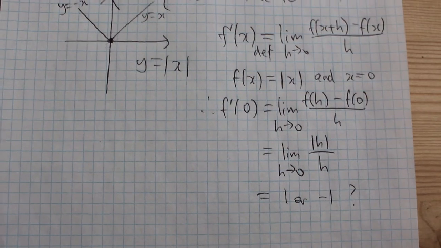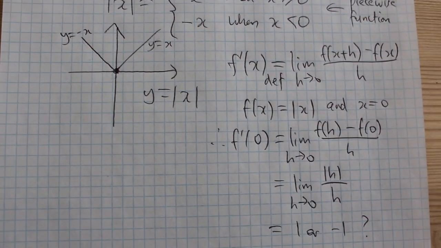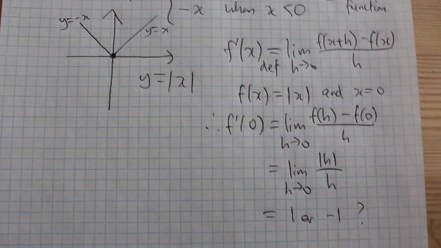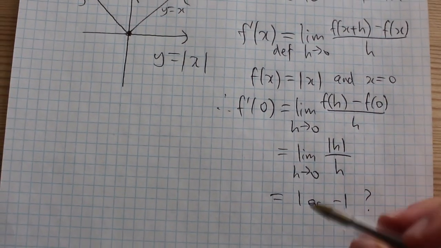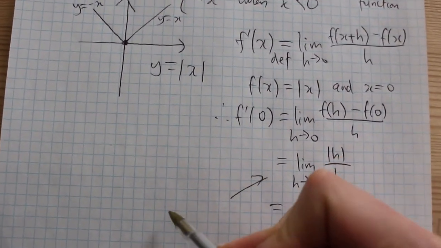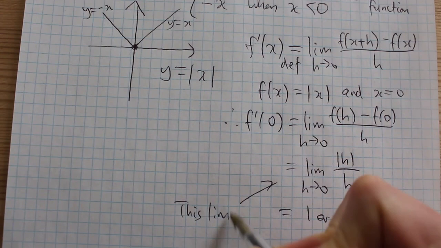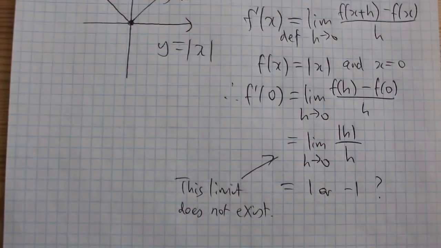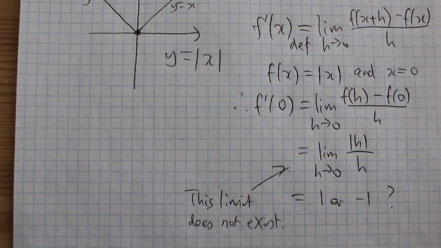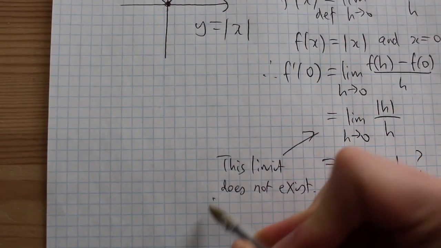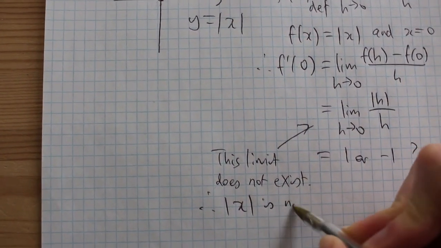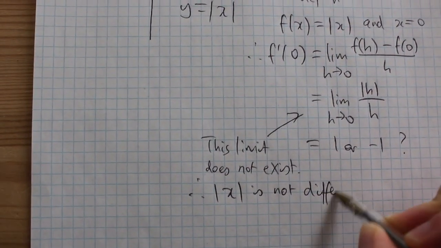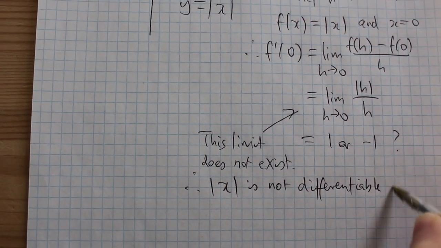So whenever this happens, when the limits as we approach from both sides don't agree, we say this limit does not exist. So this limit here does not exist, and therefore the derivative at 0 does not exist. So the modulus function is not differentiable at x equals 0.